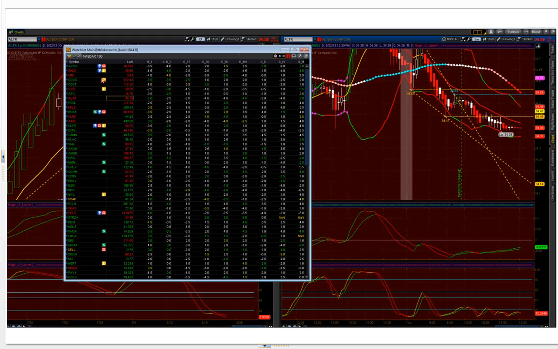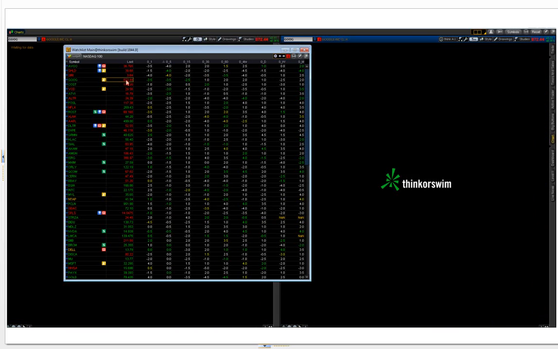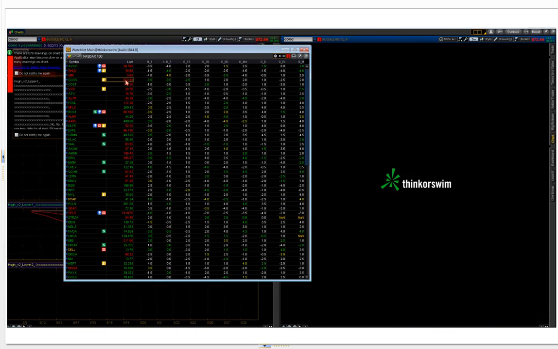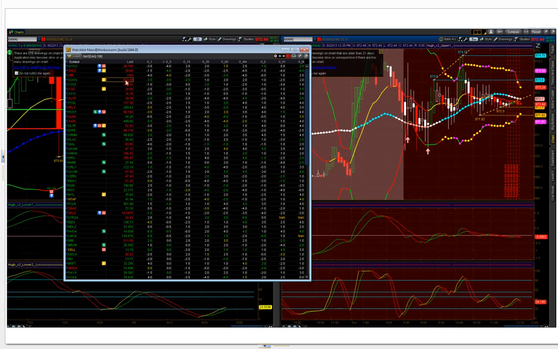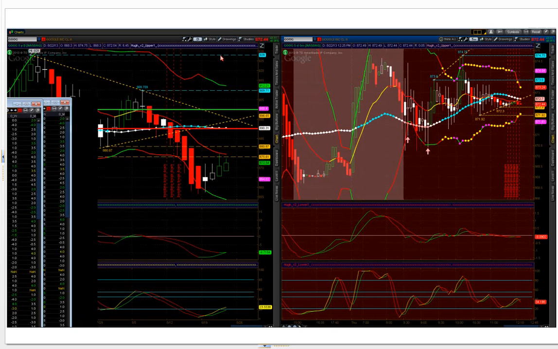So let's take a look at Google. I love to trade Google. NASDAQ is down totally. All right. No wonder we're in a squeeze on every time frame. It's not trading. All right, so much for that.